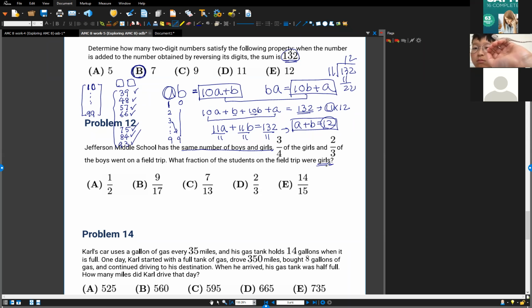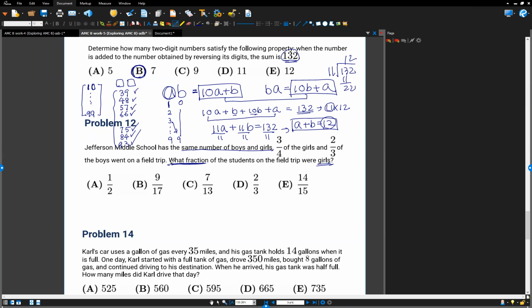How can you solve this one? Any idea? They're asking you to find a fraction, a ratio, not real numbers. They're not asking how many girls or how many boys. Just what fraction of students on the field trip are girls? That's it.